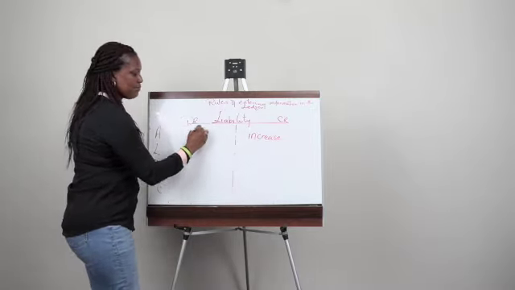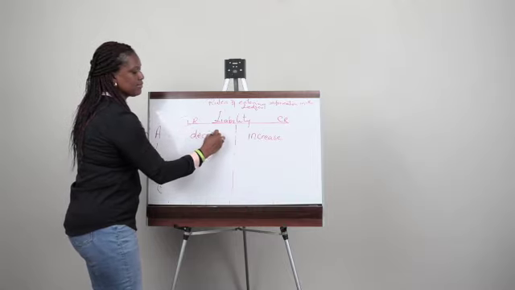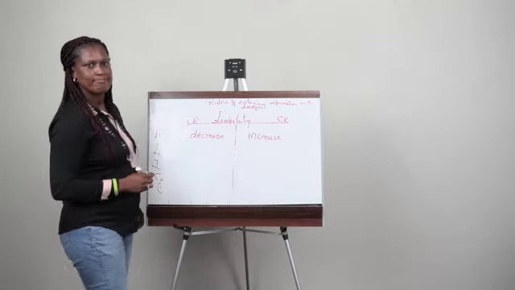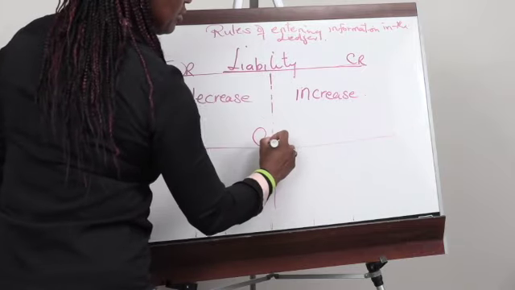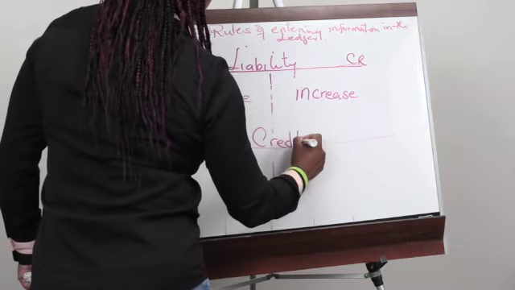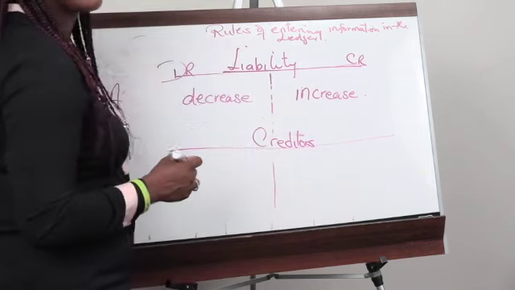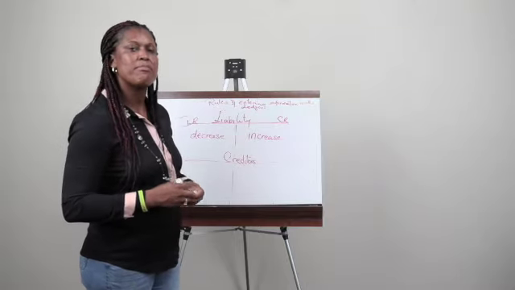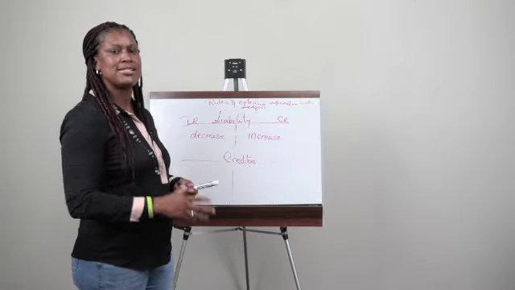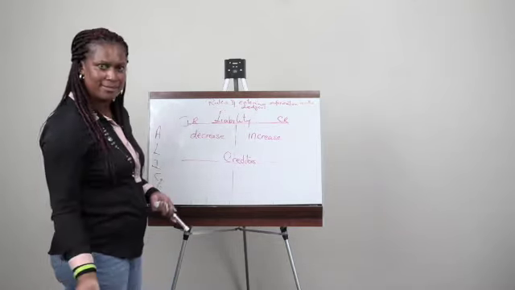And to decrease liability, we debit. All right? So an example of a liability would be creditors. A creditor is someone who the business owes. It means that the business has to pay that person.